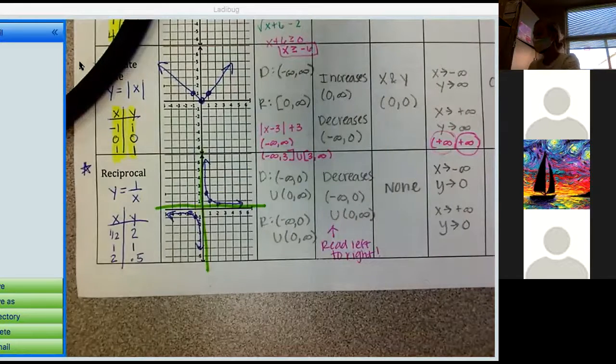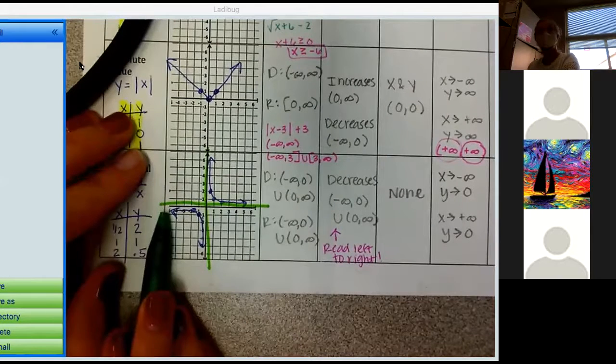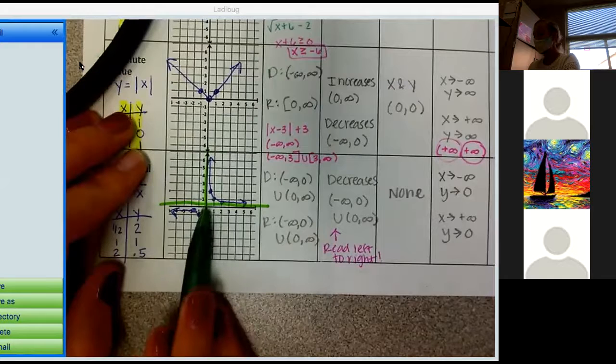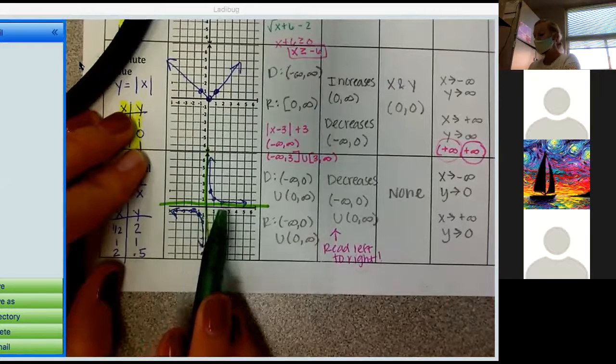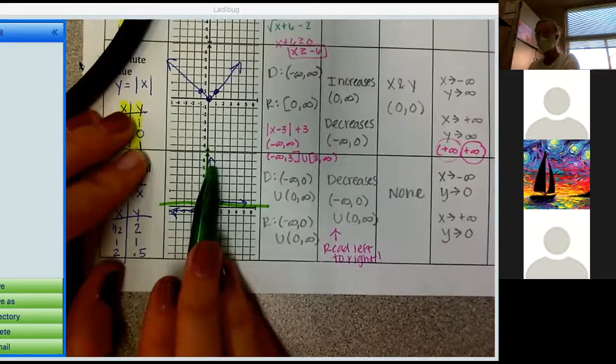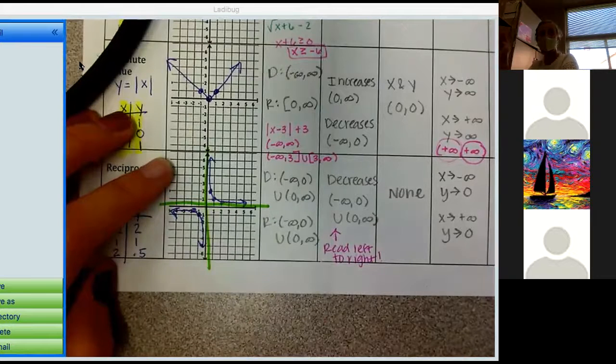Yeah. So domain is left to right, correct? So if you start on the left, this keeps going, but then it stops at 0. So then, do you see how it picks back up here? So the x is close to 0 up here, and then it goes to infinity. Left to right is domain.